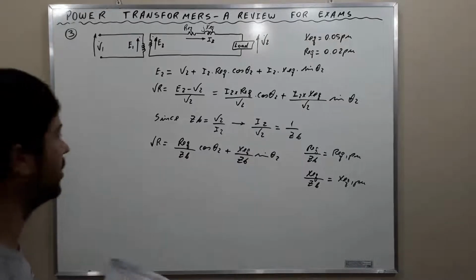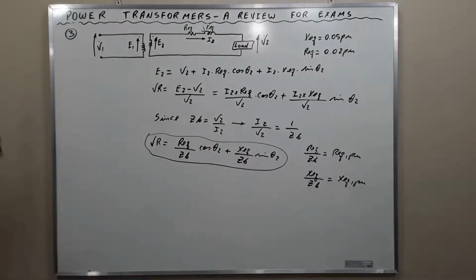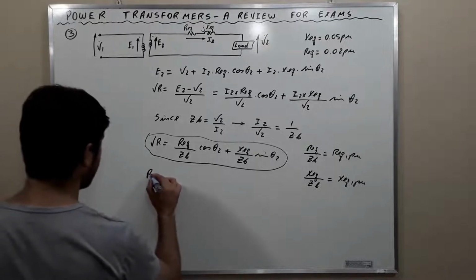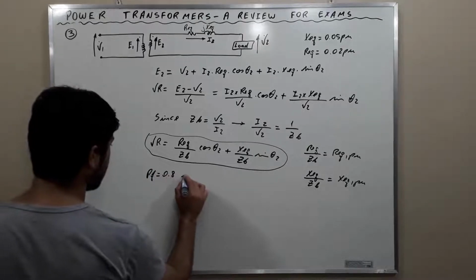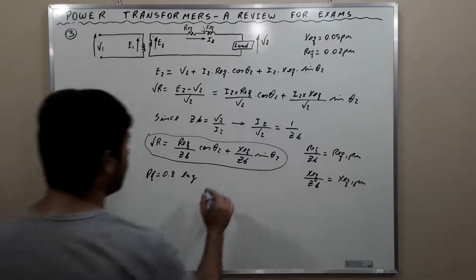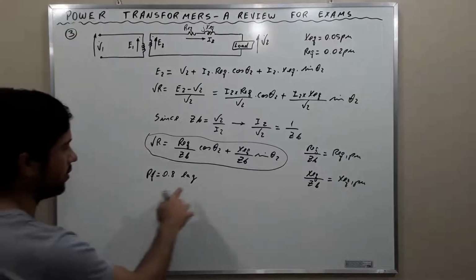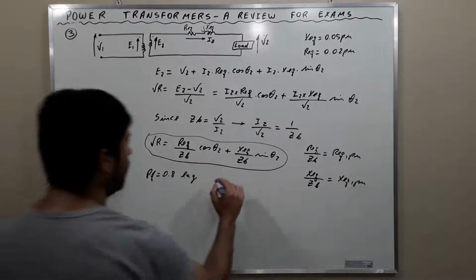With this expression here, and using the values provided by the exercise, we can calculate everything. The exercise said that the power factor was 0.8 lagging. Therefore, the cosine, this is already the cosine of the angle, okay?